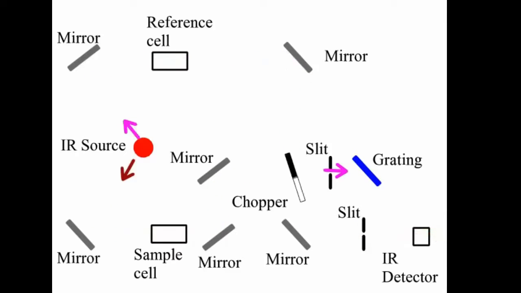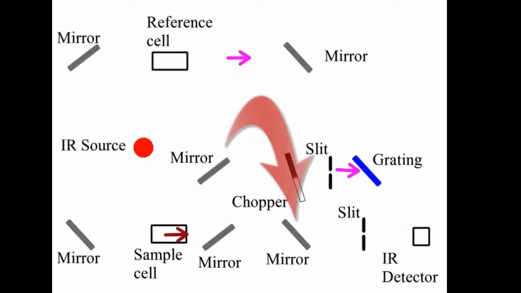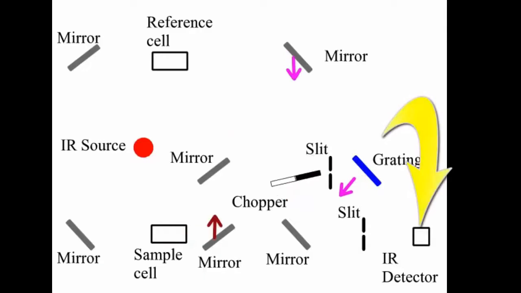So quickly alternating beams that are coming from, in one instance, the reference cell and then the sample cell pass towards the grating. The grating then selects out beams of monochromatic light, and we have alternating beams from the reference cell and the sample cell, which pass down to the mirror there below and through a fine slit, and finally to the infrared detector.